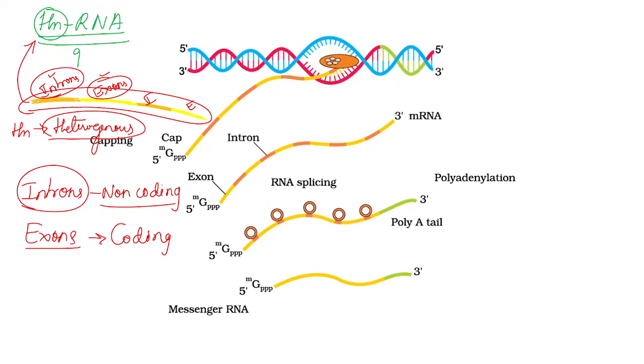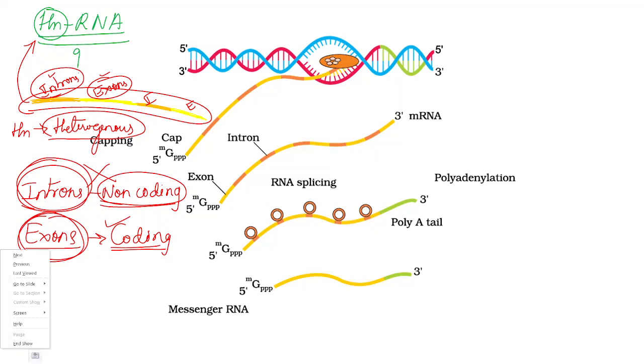Introns are the non-coding sequences, but exons are the coding sequences. Do remember that introns are non-coding, that is why introns should be removed, because non-coding sequences are not useful, it is like waste. And what about exons? They are coding sequences, that is why they should be present alone.